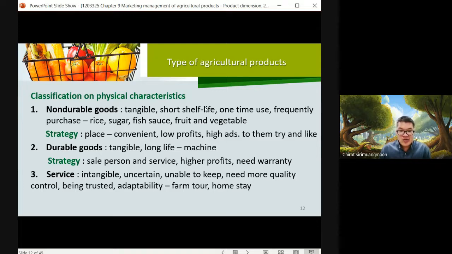How about durable? Durable is also tangible, but it has a longer shelf life. Sometimes it's very long, like a machine. So you buy one time and you can use it for 10 years. The strategies that you need to apply for durable products, because it actually lasts for long, is that you need to have a salesperson or service. So you need to contact the consumer, provide some information, and make them believe in you.